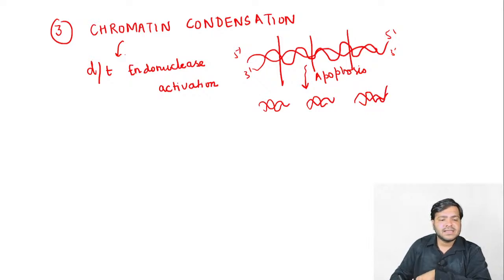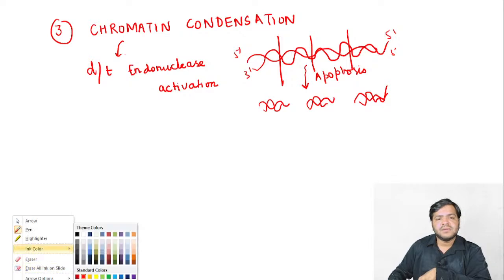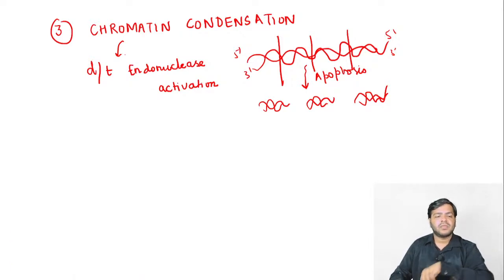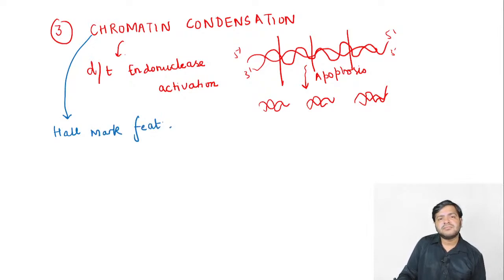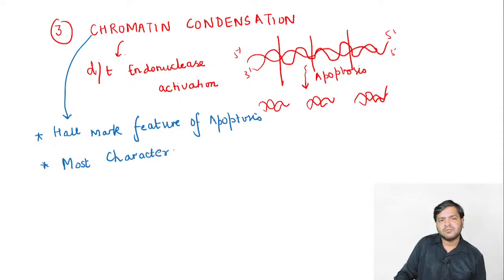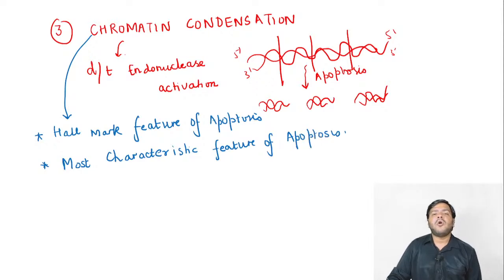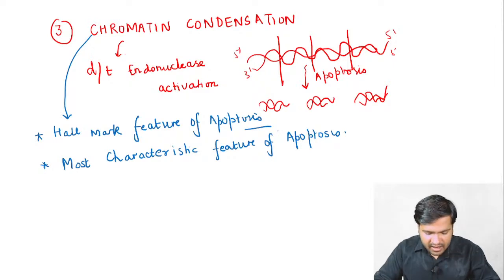Okay, and ultimately, remember two questions over here that have been asked in the exam: chromatin condensation is the hallmark feature of apoptosis, and it is the most characteristic feature of apoptosis.